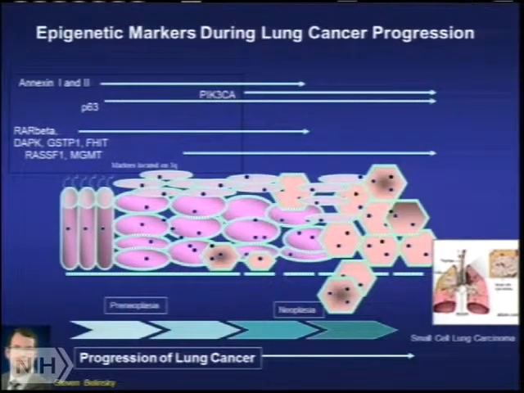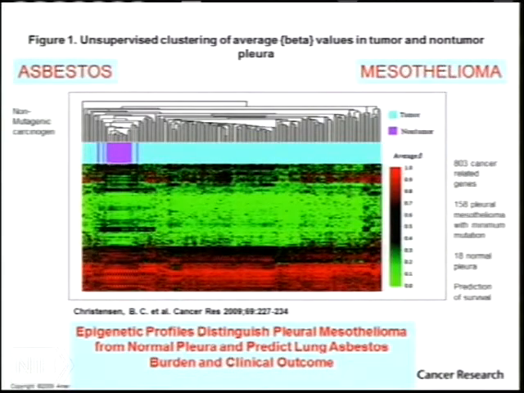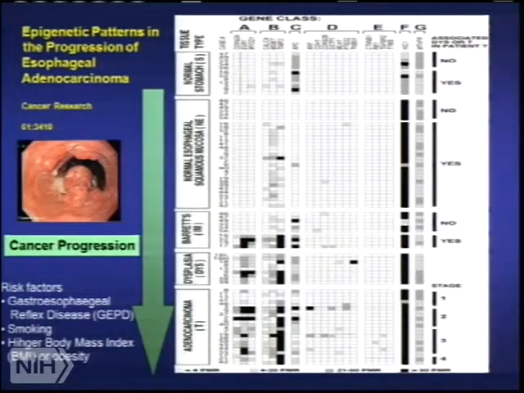If they combine them, then the sensitivity and specificity of their assays improve, and we can detect lung cancer early. Mesothelioma is also a type of lung cancer which happens due to asbestos exposure, and in that case also, the genes which are regulated by methylation have been characterized.